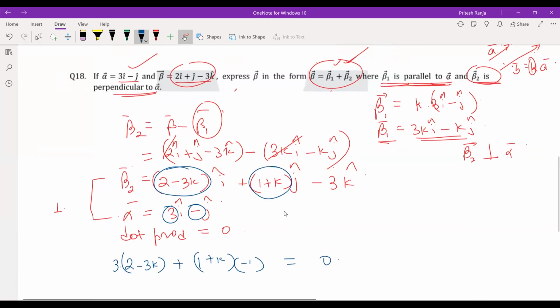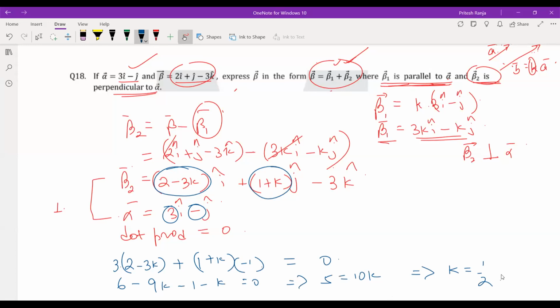So from here we get 6 minus 9k minus 1 minus k equals 0, and that gives us 5 equal to 10k, and that means k is 1 by 2.